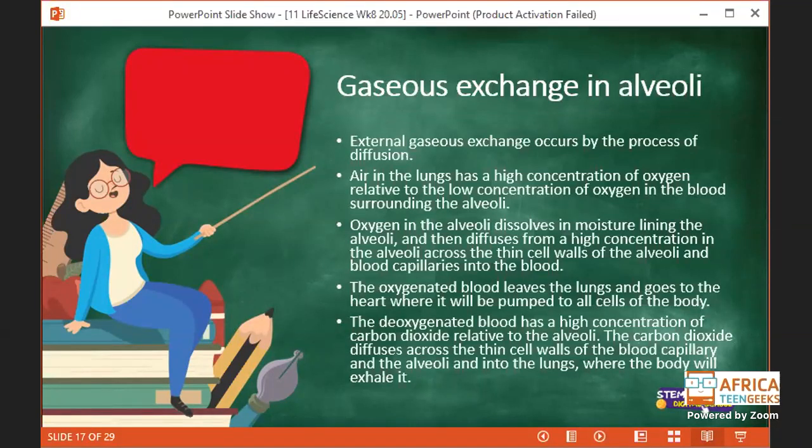The deoxygenated blood has a high concentration of carbon dioxide relative to the alveoli. The carbon dioxide diffuses across the thin cell walls of the blood capillary and the alveoli into the lungs, where it will be exhaled. Okay.